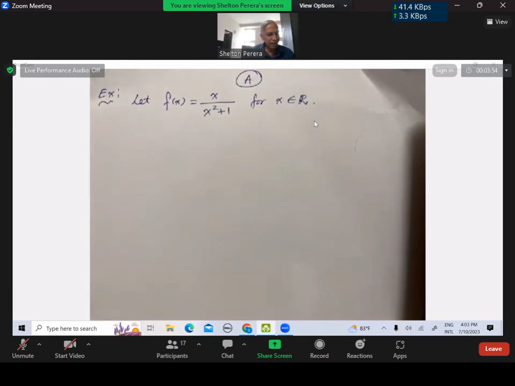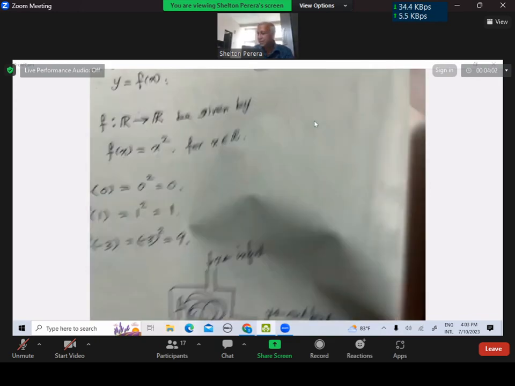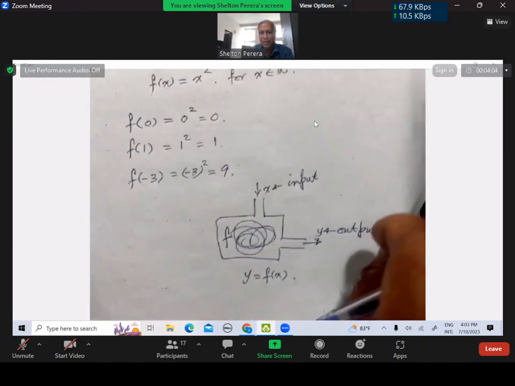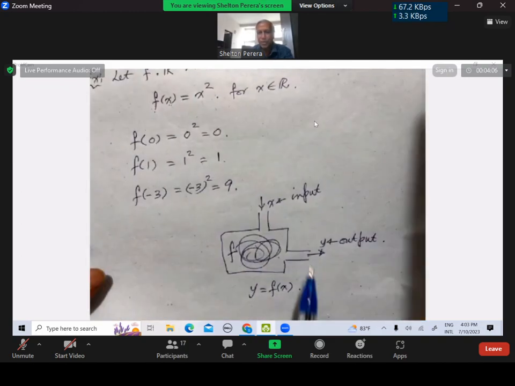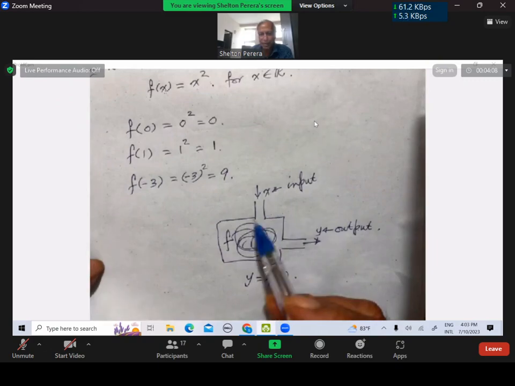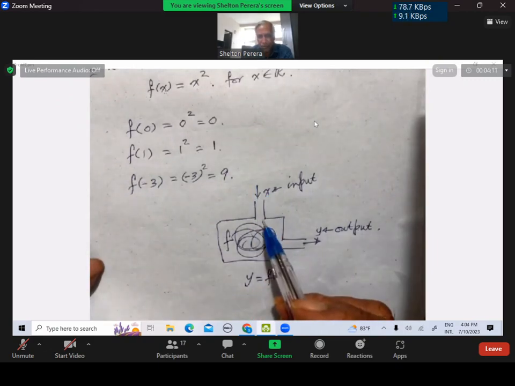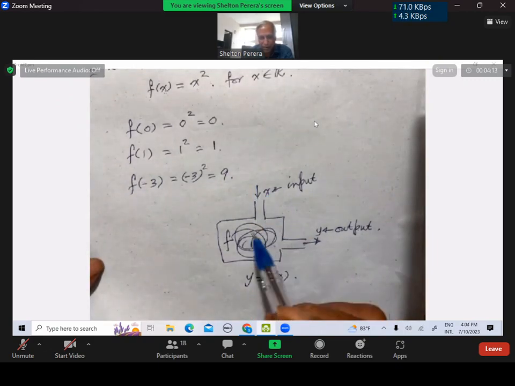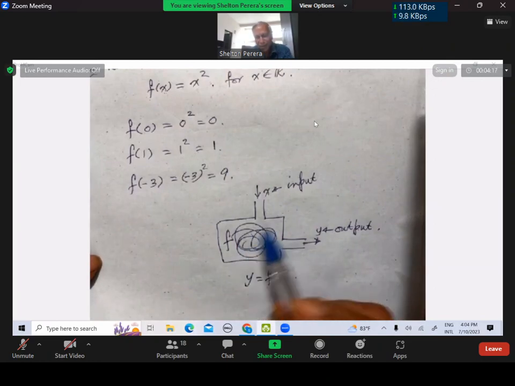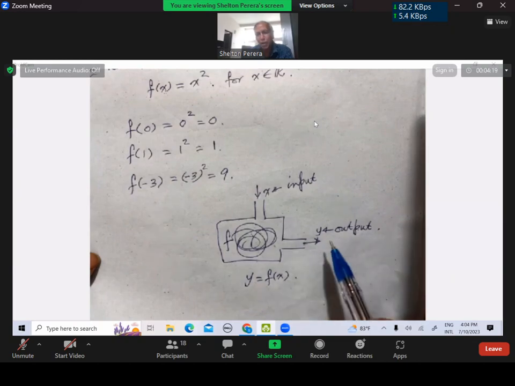So we explained last time the functions as input-output machines. This is the diagram we had. If you take x as the input, this is like the machine. All the equipment inside works and spits out the output y.